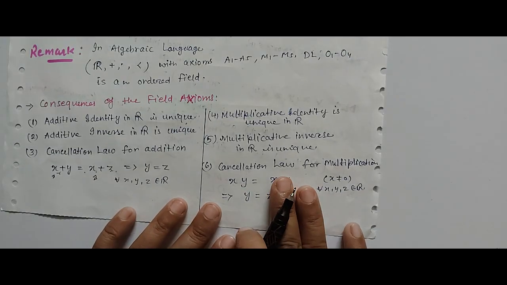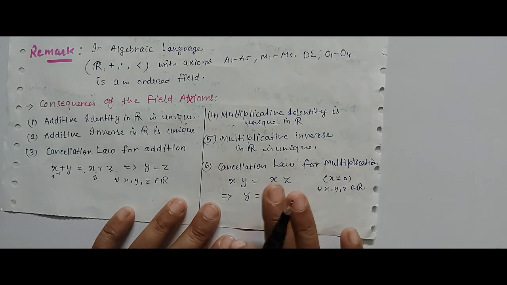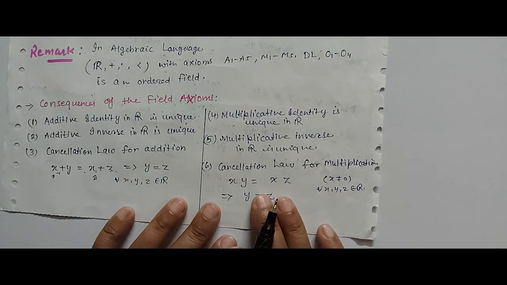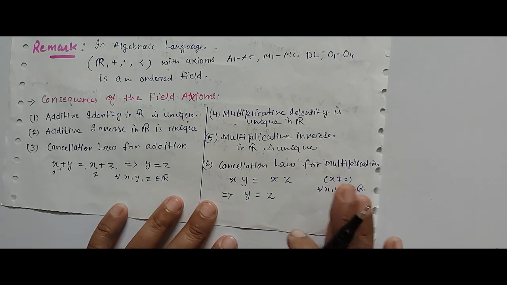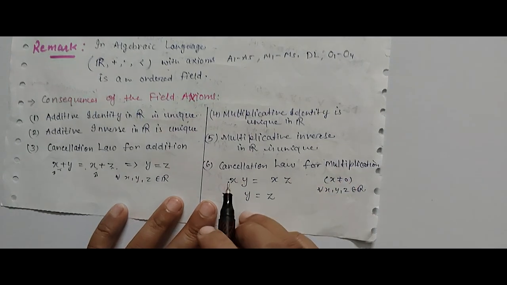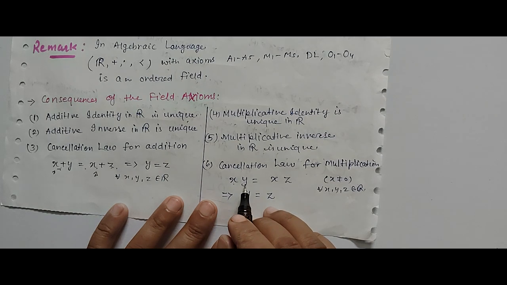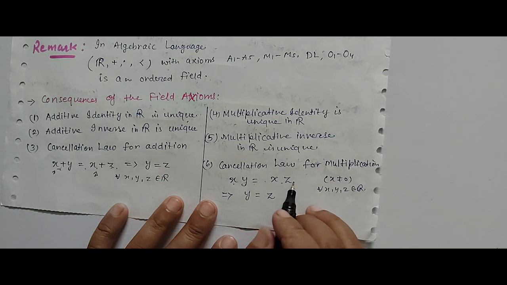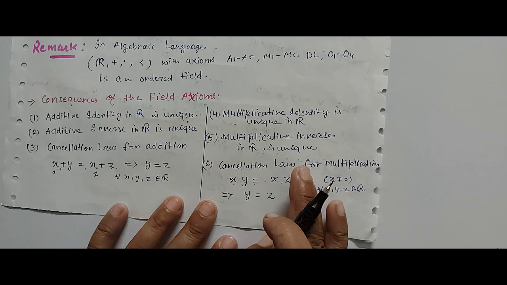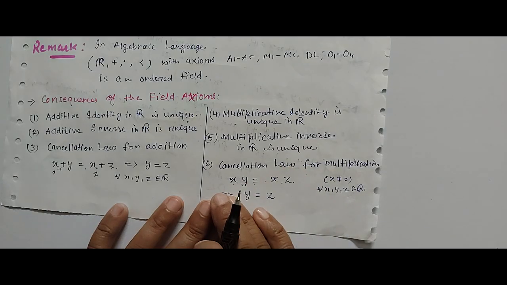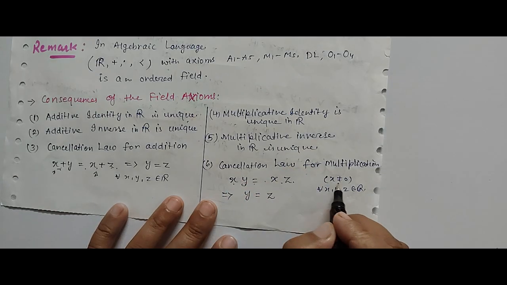Similarly, the cancellation law holds for multiplication also, but with an additional condition. If we have x into y equal to x into z, can we cancel x? Yes, we can cancel x, but with the condition that x should not be 0.